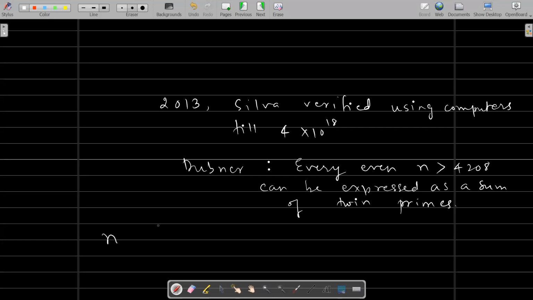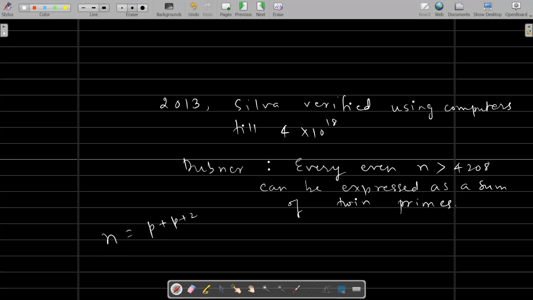So given n, I have to write n as some p plus p plus 2, since n is even.